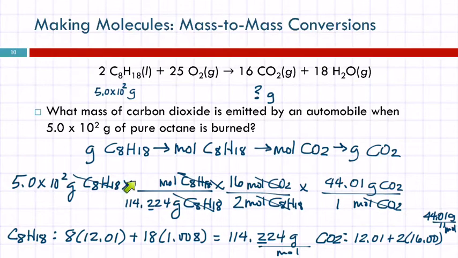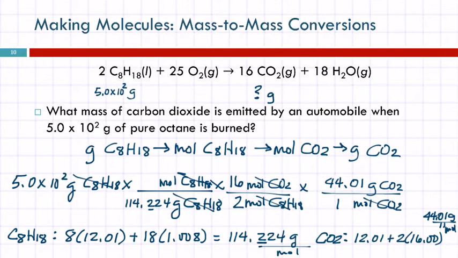What we're using here is the mass of 1 mole. It's the molar mass, it's the mass of only 1 mole. If we wanted to put a 2 here, we'd have to multiply the bottom by 2 also, and that just makes things difficult. And so we're not going to have a 16 over here. We want the mass of 1 mole of carbon dioxide. Does that make sense? Okay, good question.